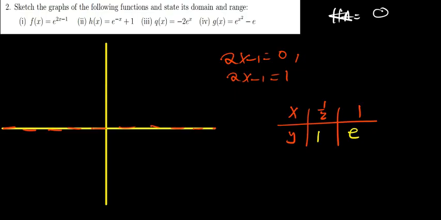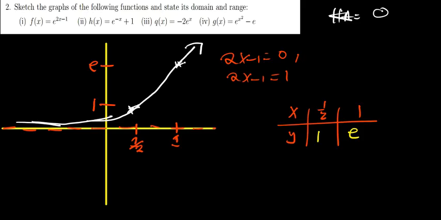So when x is half and when x is 1, y is 1 and e. Now we have our coordinates: half comma 1 is here, 1 comma e is there. Starting closer from the asymptote, touching these lines, going there, you put an arrow because we don't know where the graph is ending.